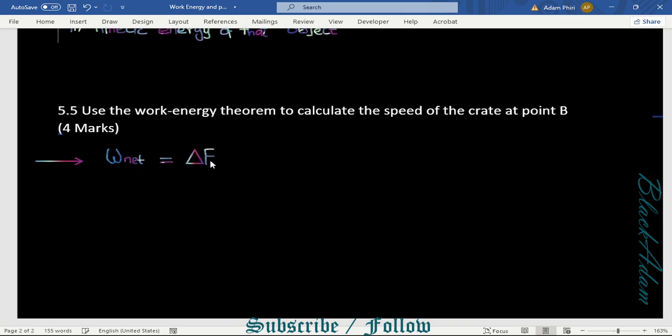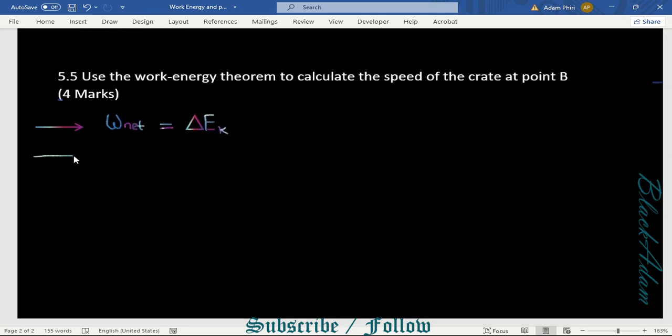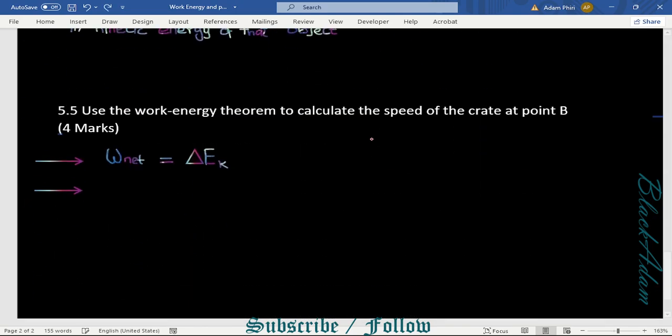From our definition, we have net work equals change in kinetic energy. Our net work was already calculated in the previous problem, 535.56 joules, which is equal to half times mass, 70 kg, times the final velocity at point B squared, minus the initial velocity squared, which is 2 squared, giving us 4.